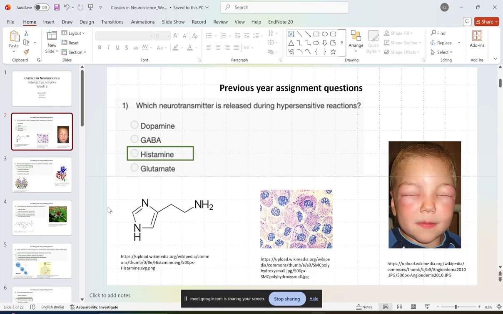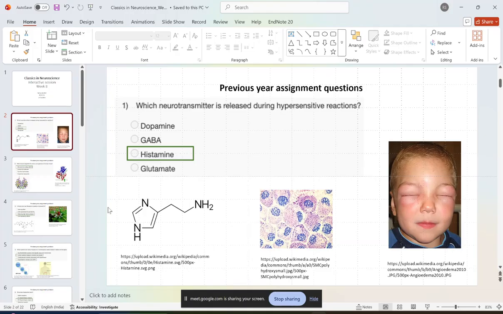So let me begin with the first question. Which neurotransmitter is released during hypersensitivity reactions? So, in immunology, we know that there are certain problems or reactions that happen when the immune system acts in an autoimmune way or is overstimulated.